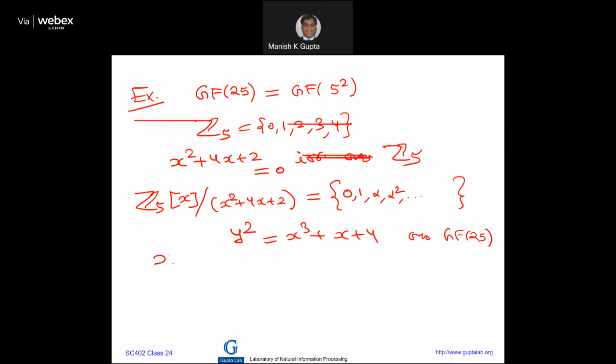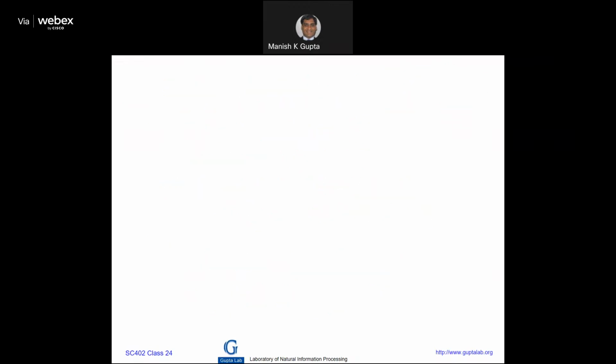So I can start making the table: x, then x cube plus x plus 4, checking whether it is a quadratic residue, and the value of y.